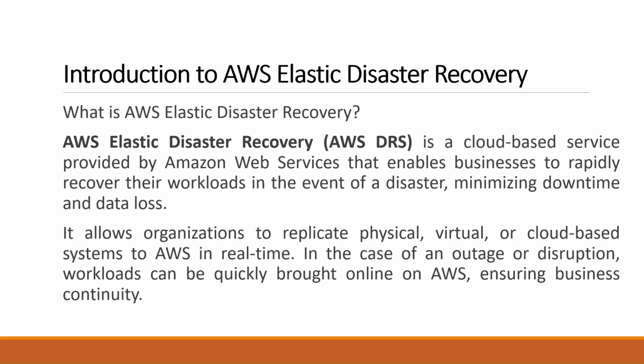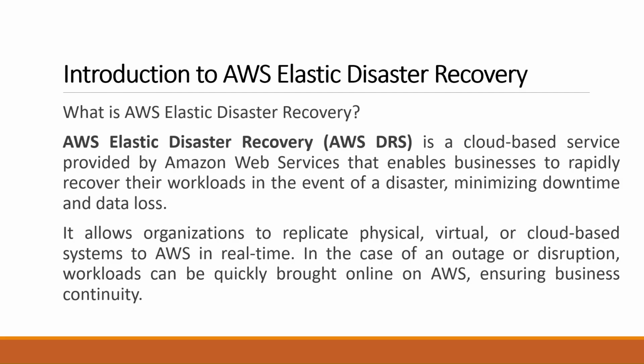In simple words, AWS will continuously replicate your data and application from your primary location, like on premises or another cloud, to AWS. If there is a failure or disaster, the AWS Disaster Recovery Service can quickly launch your system in AWS to get them back up and running with minimal disruption.